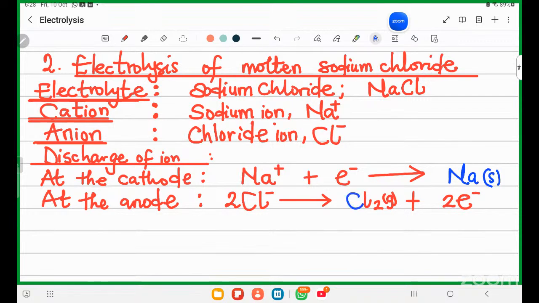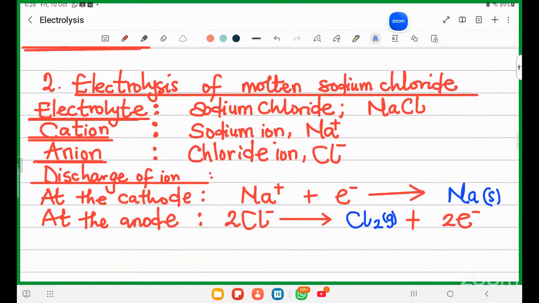Then at the anode, chlorine gas is produced. That is as simple as that. So the objective is just that for the electrolysis of molten sodium chloride, sodium is produced at the cathode, chlorine gas is produced at the anode. That is as simple as that. Treasure, is that clear? Yes, sir. Please write this quickly.